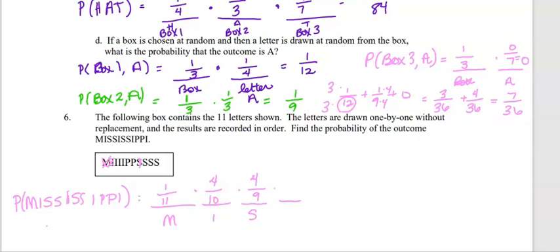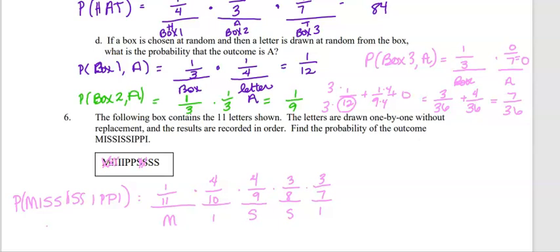Then I need another S. Well, now there's only 3 S's, and now there's only 8 letters. And so there's a 3 in 8 chance of getting an S out of what is remaining, and then that letter is removed. Then I would need another I. Now there are 3 I's, but there's only 7 letters left.